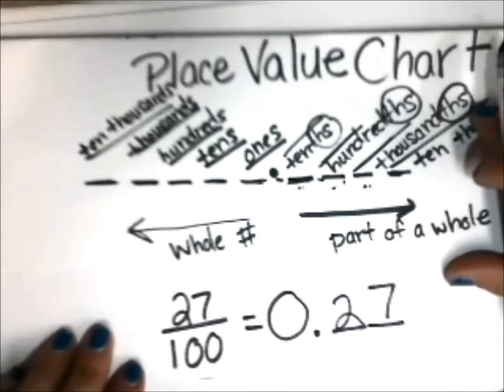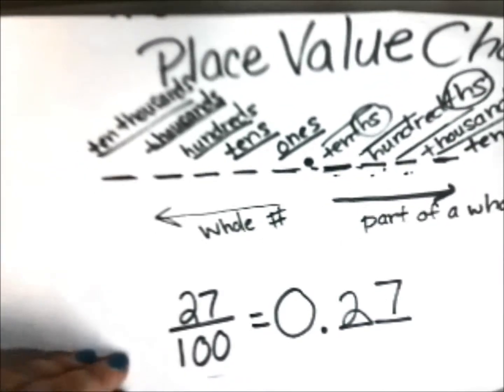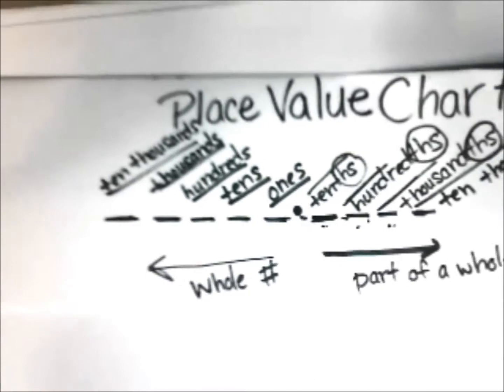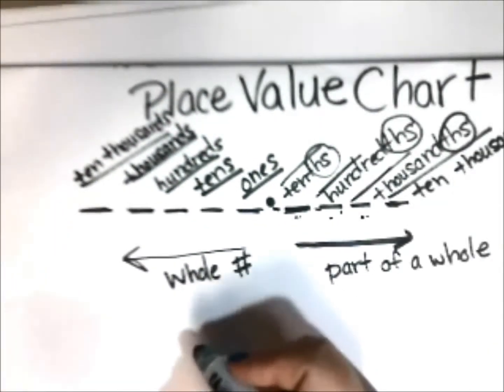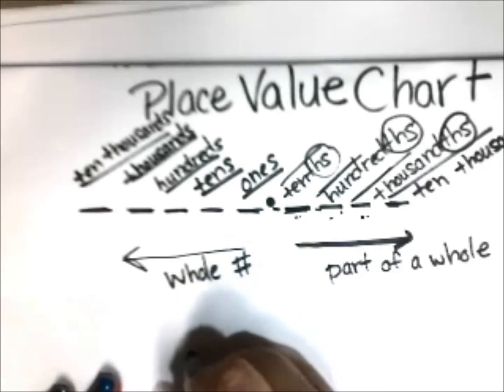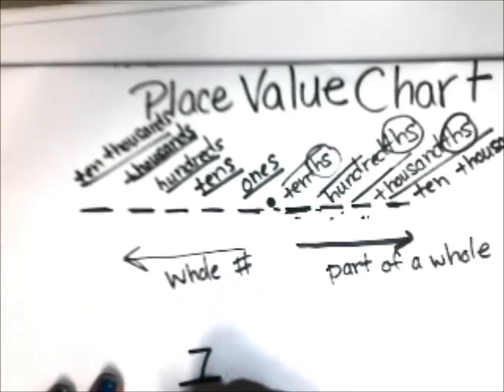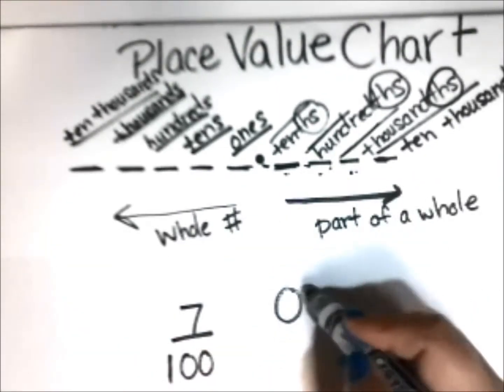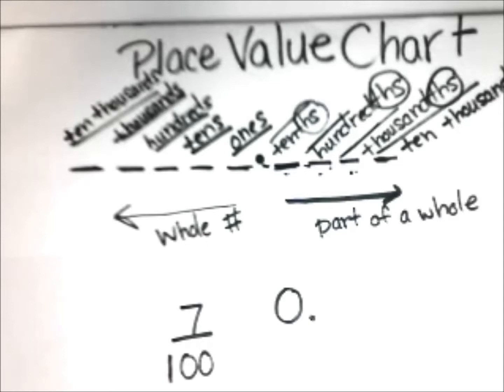Now the one thing that we can come across that can be a little bit challenging is a situation like I'm going to show you now. What if I have 7 hundredths? There's no whole number, so I put a 0 where the whole number position would go.